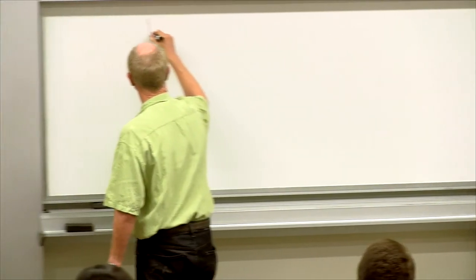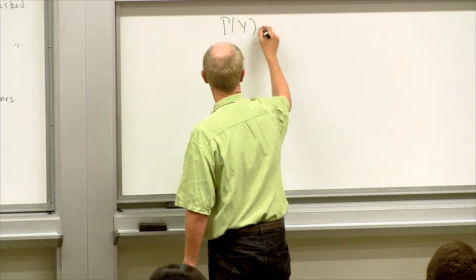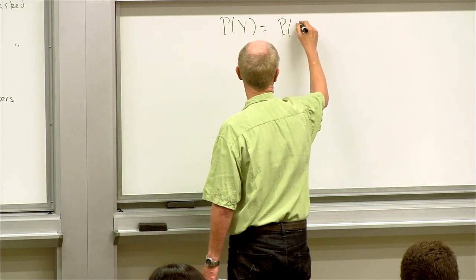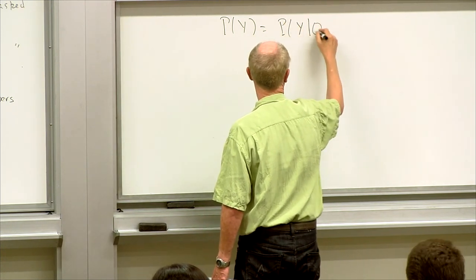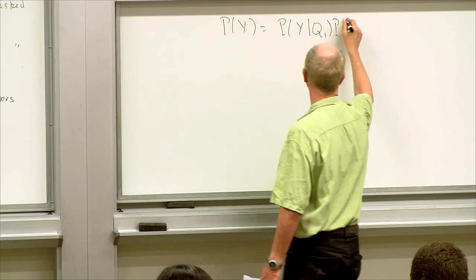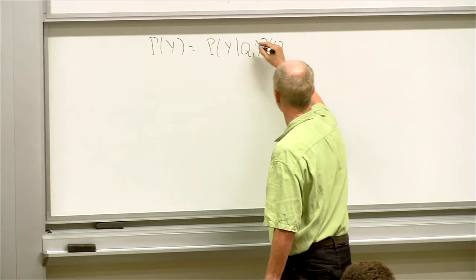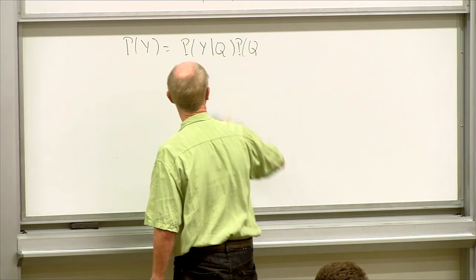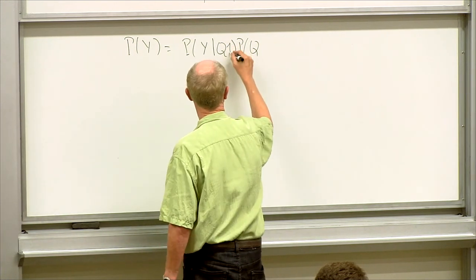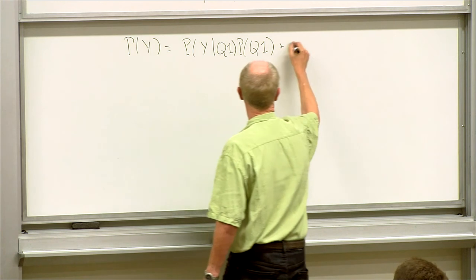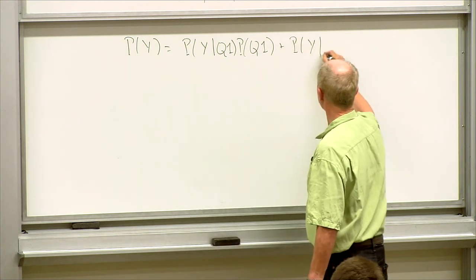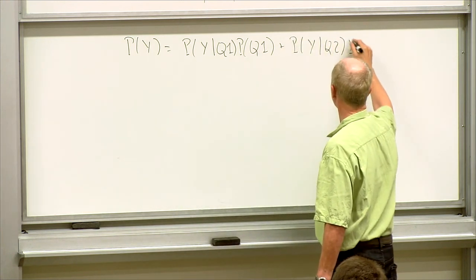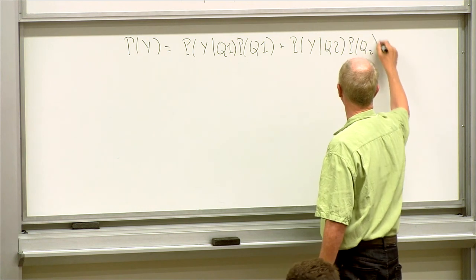So the probability of a yes answer would be the probability of a yes answer given question 1 is asked times the probability that question 1 is asked, plus the probability of a yes answer given question 2 is asked times the probability question 2 is asked.